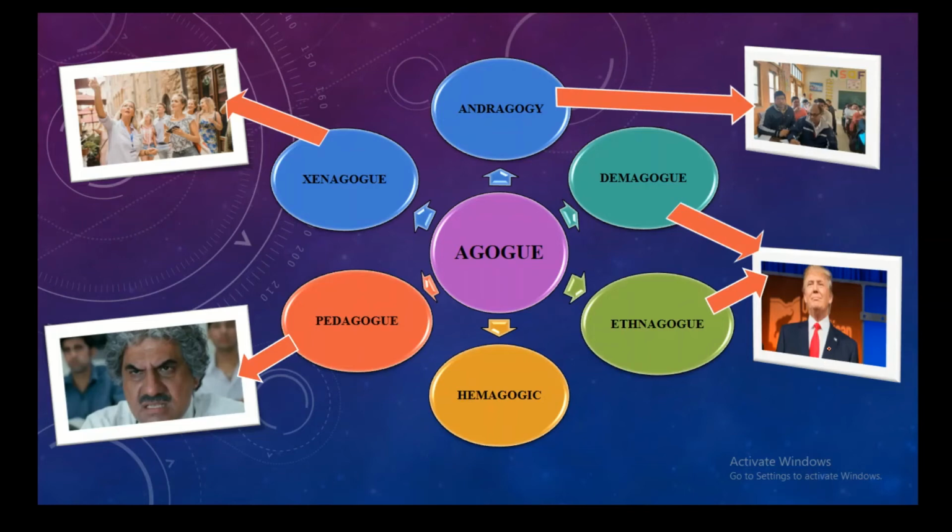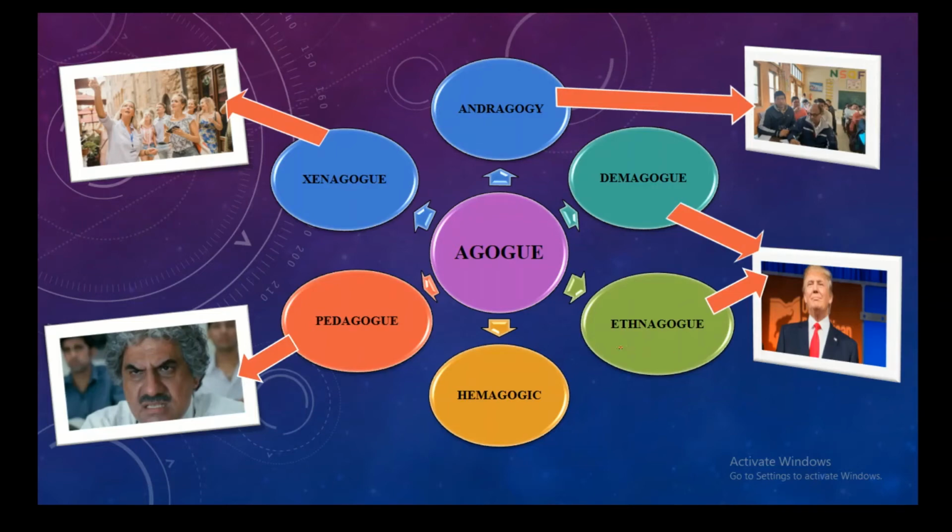Why is he said to be a demagogue? Because demagogue means a leader who makes use of popular prejudices and false claims and promises in order to gain power. So that's why I put Donald Trump's picture here to make you understand. Is it not a right person?